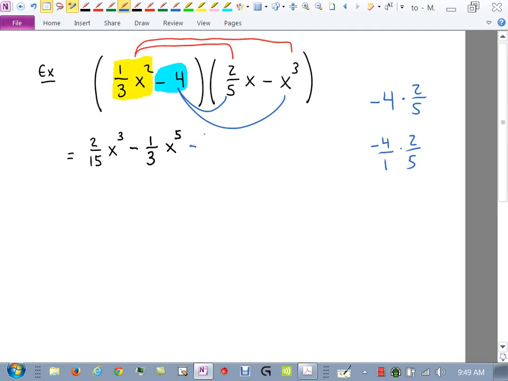So I have -8/5, and how about variables? X. And finally, -4 times -1. That's my last term, right? I'm doing -4 times -1, which gives me +4, and then how many x's? X to the 3rd.